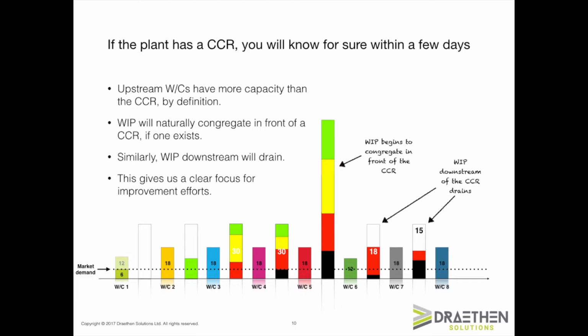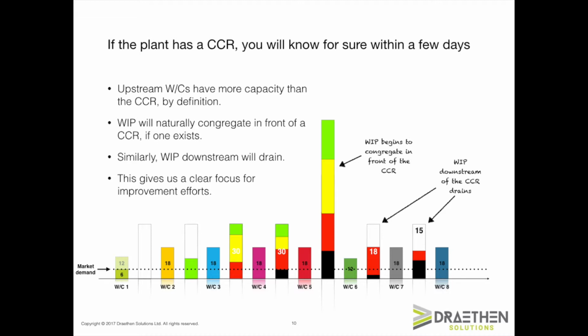This is a very simple and reliable way to check the existence of a CCR. You will also notice downstream from the CCR the queues are getting smaller. This is obviously because the downstream resources have more capacity than the CCR and can process more work orders per day than the CCR, hence reducing the queues.